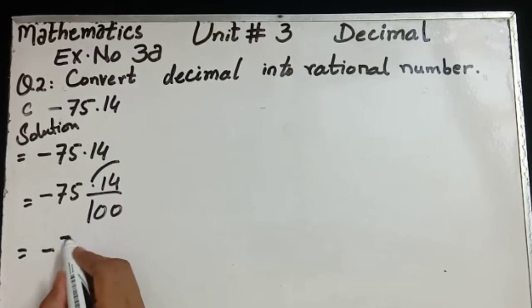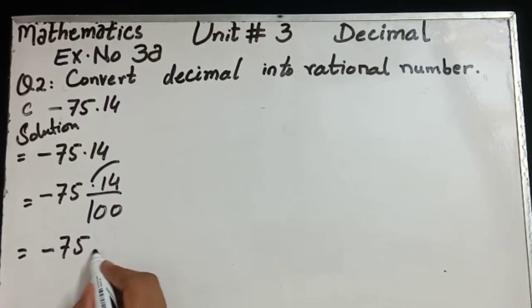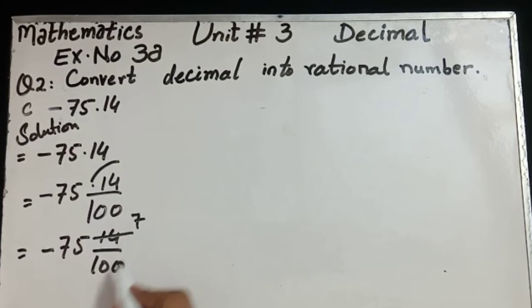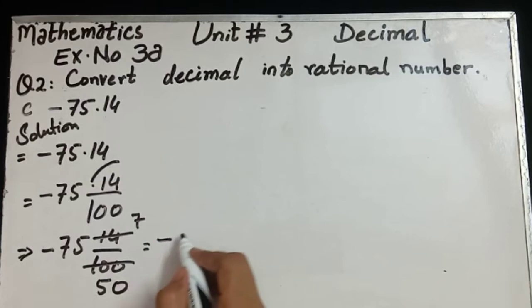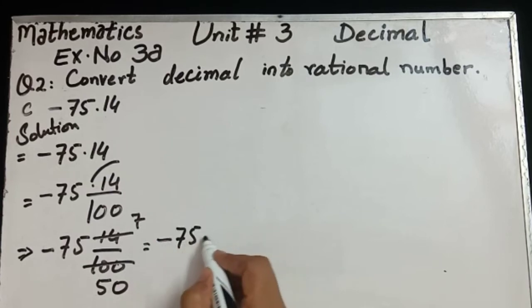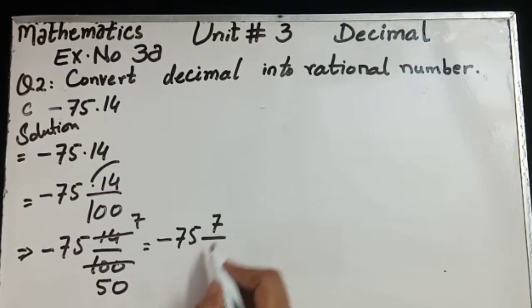Next step, minus 75 whole number, 14 upon 100, reduce it. 2 7s are 14, 2 5s are 10, 0 as it is copied down. Okay, so the answer is minus 75 whole number, 7 upon 50. Correct. Third part done.